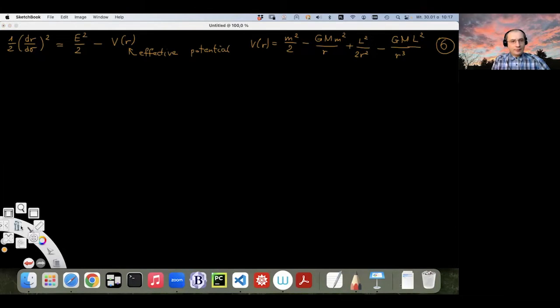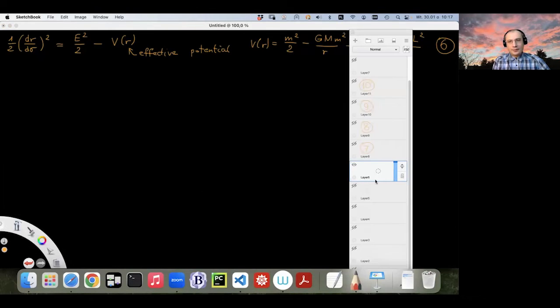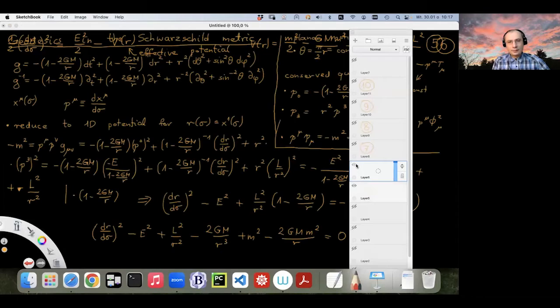Let me check again if I'm not missing a term. m squared over 2 will be here. Then there will be GM m squared divided by r with a minus.